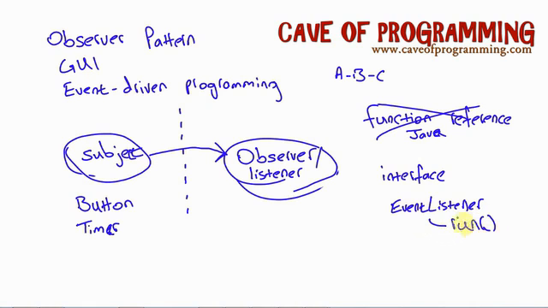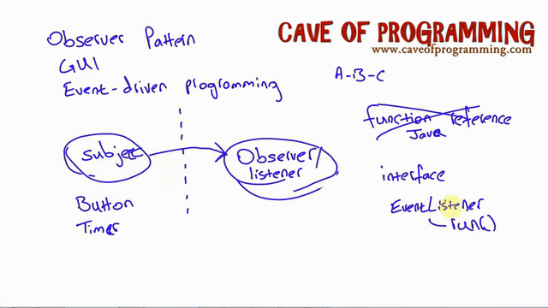Now we make our subjects here, the buttons or whatever, and we give them a method that enables us to pass in something that implements this interface, event listener. And what the subject then says is, okay, you pass me an object that implements event listener.